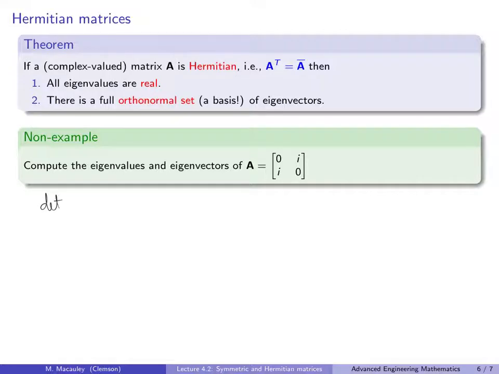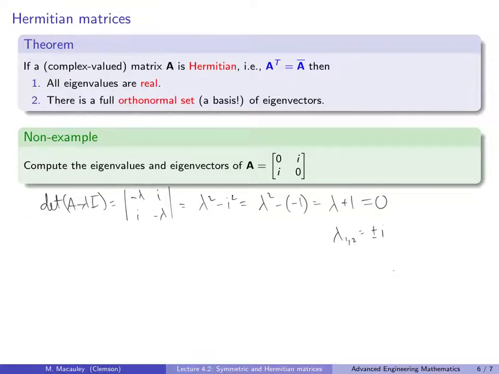The determinant of A minus lambda I equals negative lambda, i, i, negative lambda, and now we get lambda squared minus i squared, so this is lambda squared plus 1 equals 0. So right away we see that the eigenvalues lambda 1, 2 are plus or minus i, and that's going to fail this first condition of having real eigenvalues.